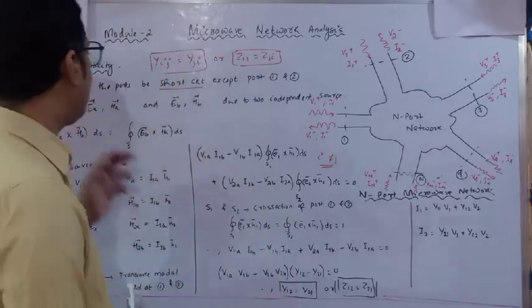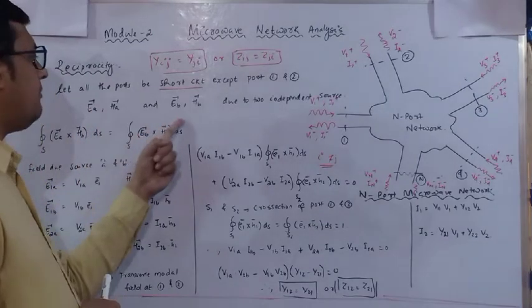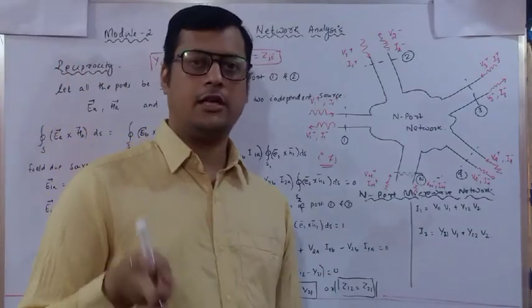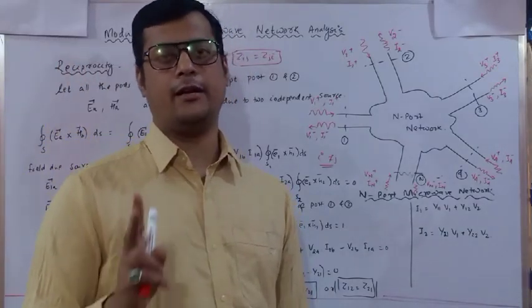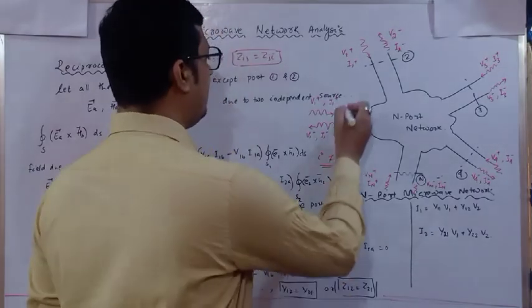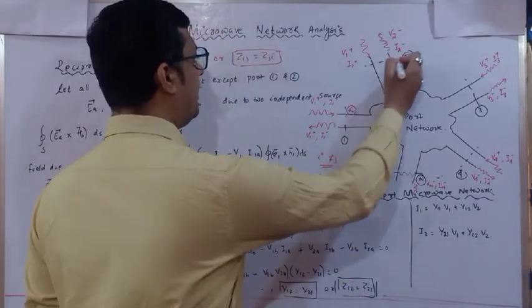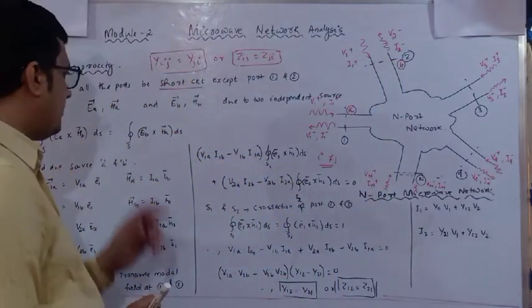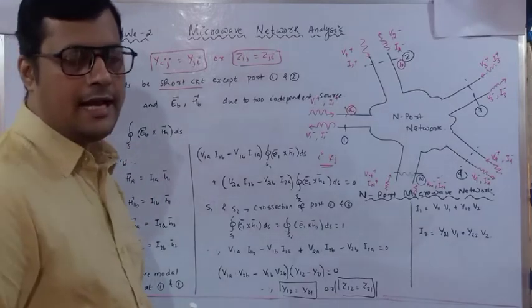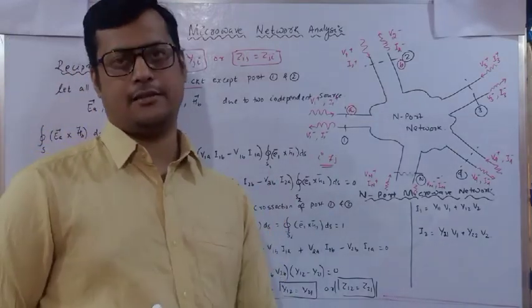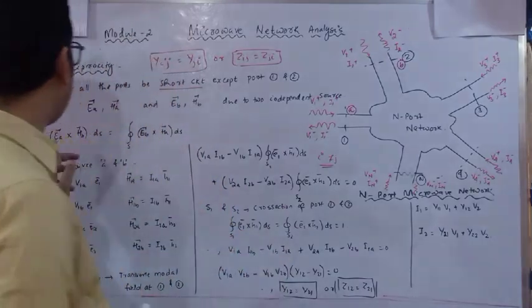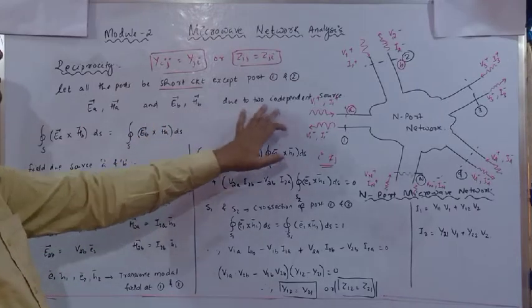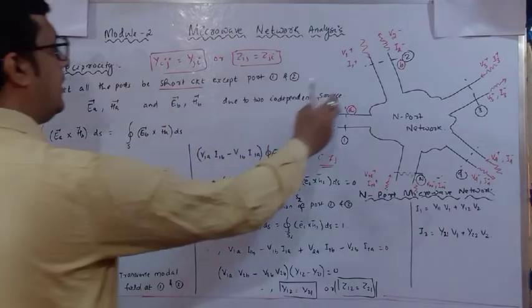Here EA, HA, EB and HB are the two electric fields and two magnetic fields with respect to port A and port B. Each port will have incident as well as reflected waves, due to the two independent sources, source 1 and source 2.